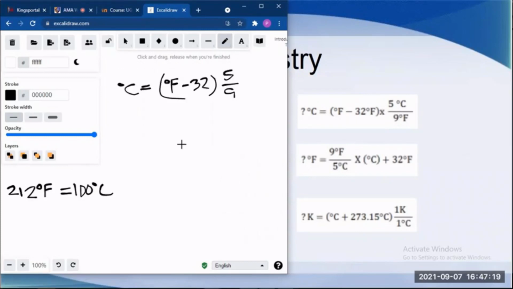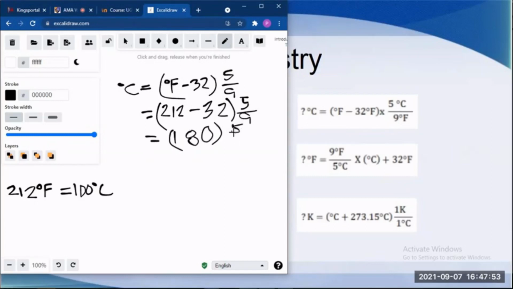We are converting 212 degrees Fahrenheit. 212 minus 32, that is 180, times 5 over 9. 180 divided by 9 is 20. 20 times 5, that is 100.